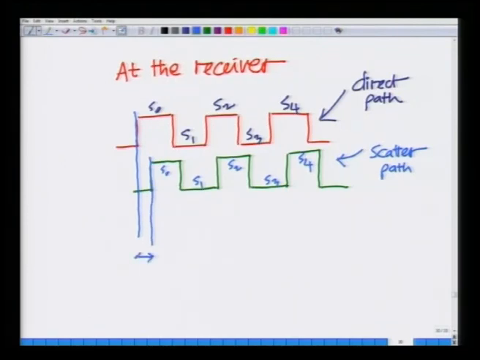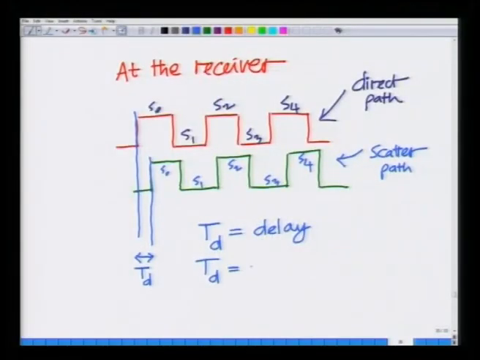Let me call this Td, that is the delay. Now, you can also see that this delay is nothing but the delay spread of the channel. So, Td equals sigma tau, which is the delay spread of the channel.